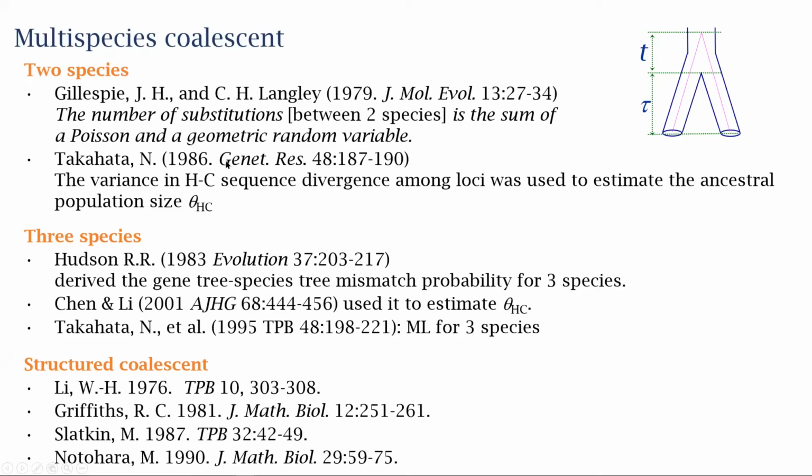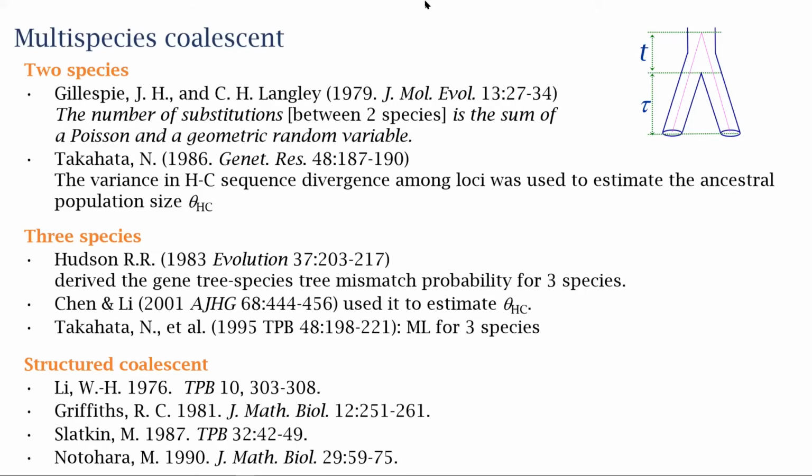Also, Takahata in 1986 had a paper using exactly this same model, two species. He was dealing with the estimation of the ancestral population size for the human-chimp common ancestor. I remember I was very suspicious. I just thought this was asking too much: human-chimp common ancestor, how could you estimate the size of the population for the common ancestor?